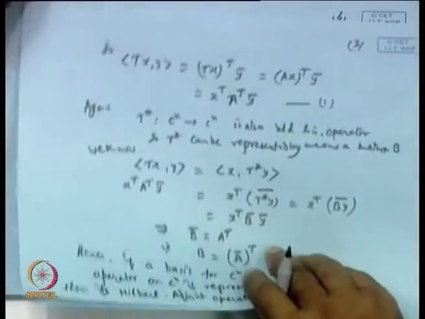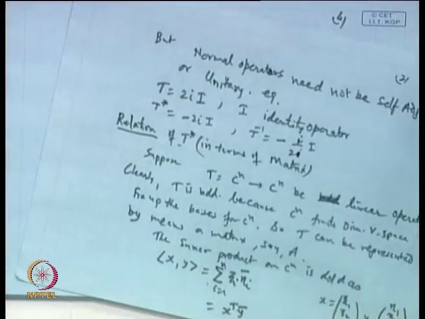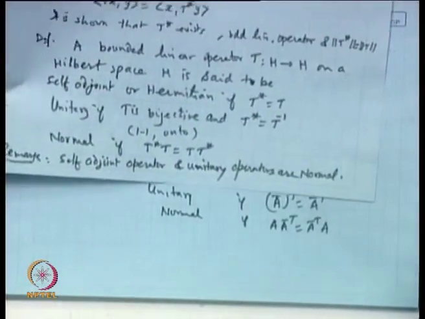Now what is our definition? If you remember, we have defined the self adjoint operators. How did we define the self adjoint?